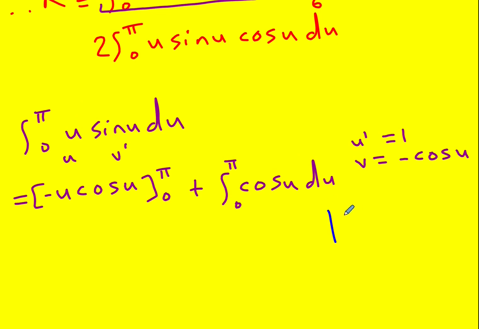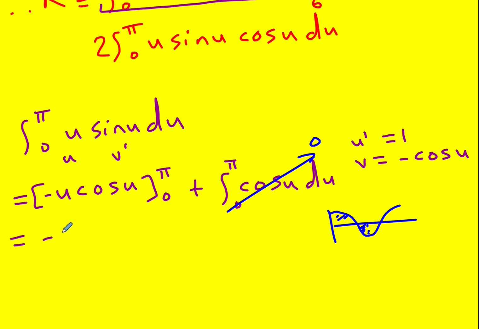We need to do this integral. You can actually do it really quickly if you draw a little sketch of cos and realize that between 0 and pi, you'll get exactly the same positive integral here as negative here. This will equal 0. If you don't spot that, of course, you can integrate it to sine u, substitute in 0 and pi, and you'll get 0 that way.